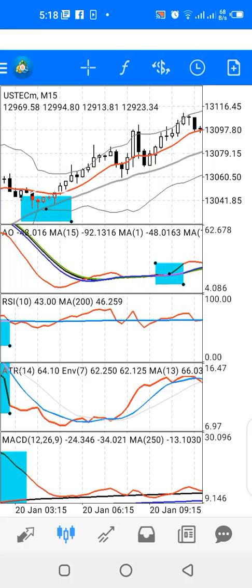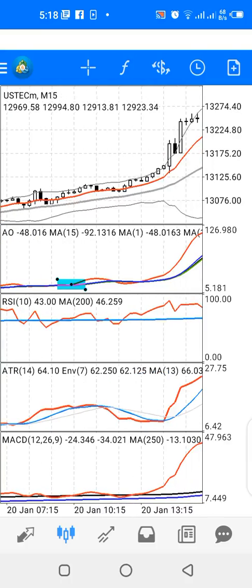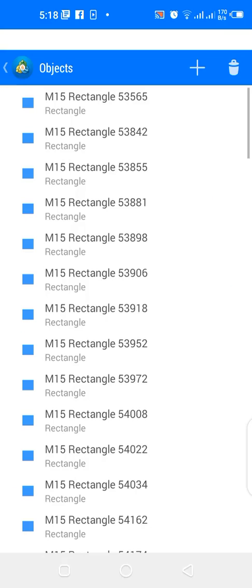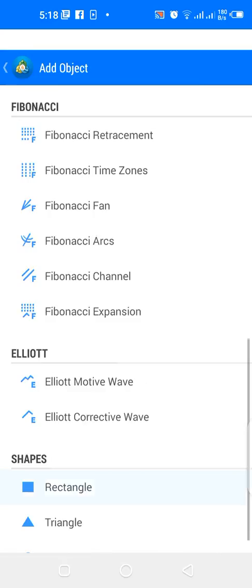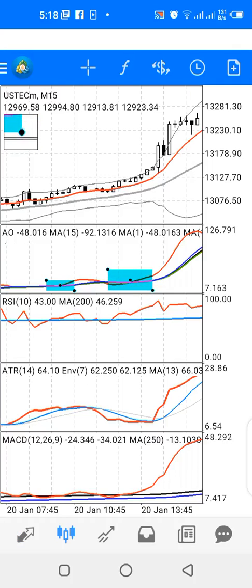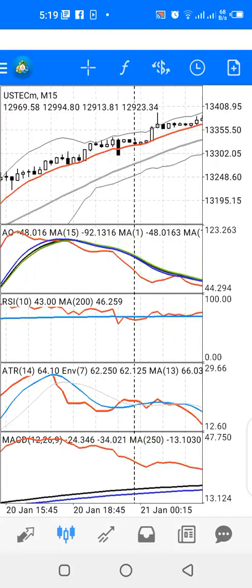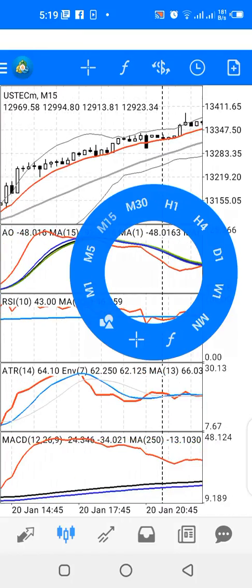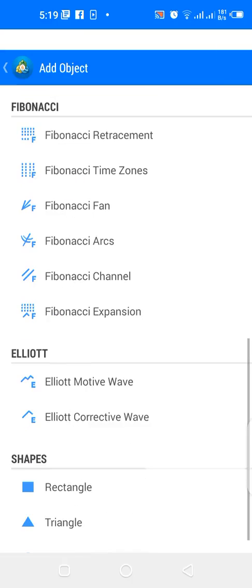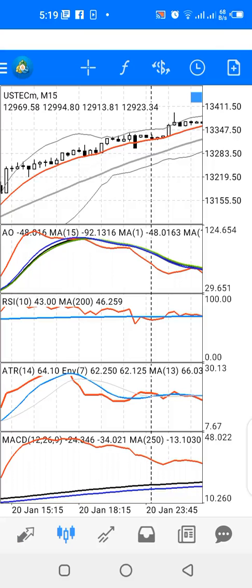Like you have a cross up above it around here for you to buy. You have a clearer cross up around here for you to buy. But when it crosses down, it means look for selling opportunities.